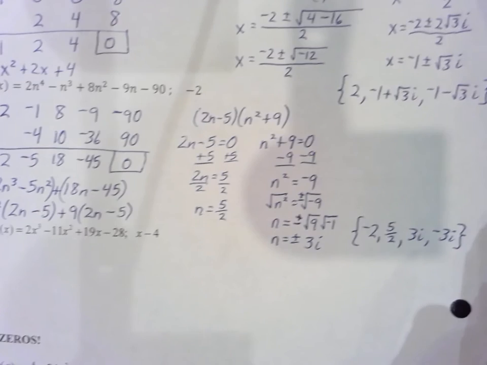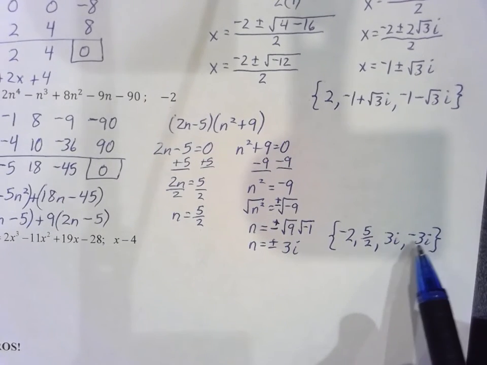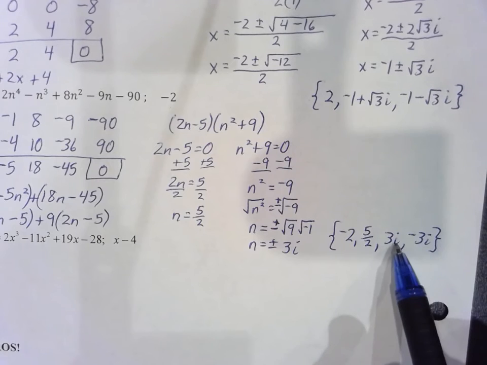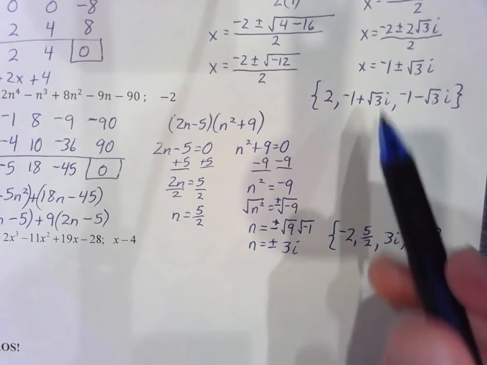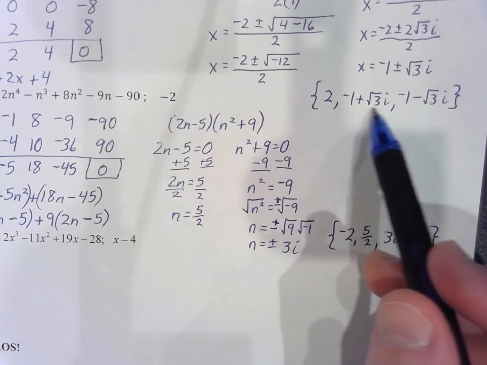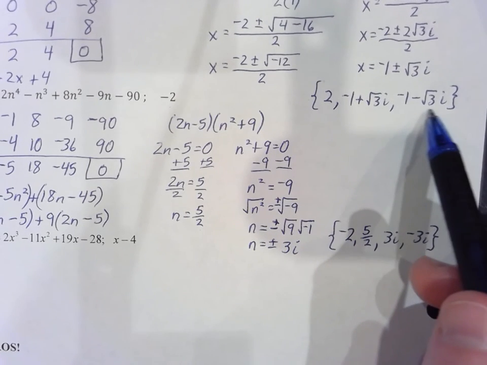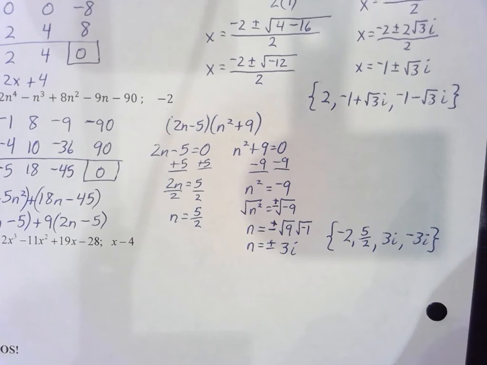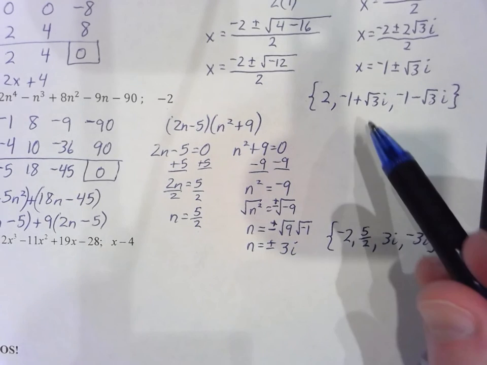Notice these imaginary zeros come in pairs, one with a positive i term and one with a negative i term. Imaginary numbers always come in pairs like that.